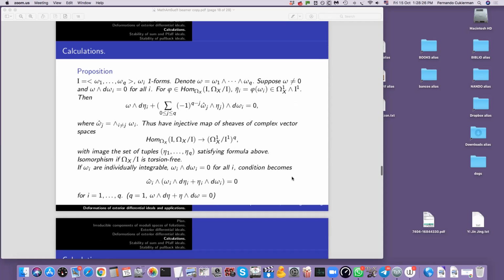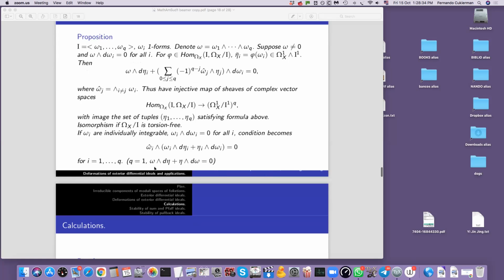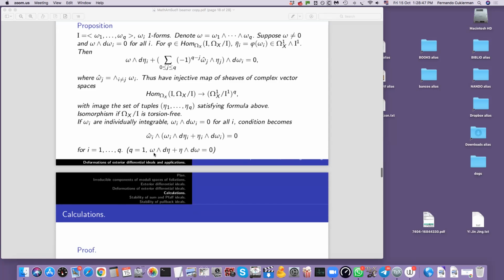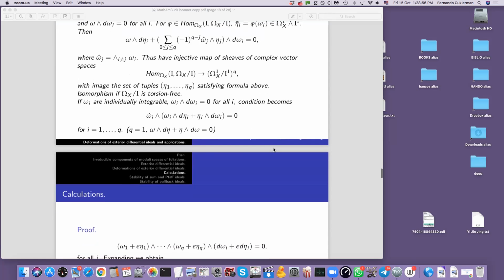So this is the kind of calculation one has to do to calculate infinitesimal deformations of omega. The first order deformations of omega are all the etas that satisfy this condition here. Okay, so it's very explicit, but still it's not immediate to calculate all the etas that satisfy this condition. It's easy to describe, but not so easy to calculate, actually.